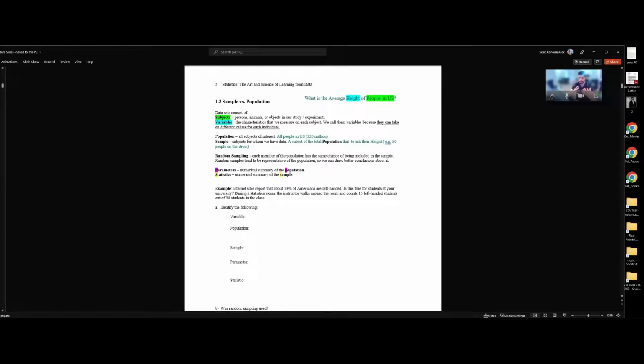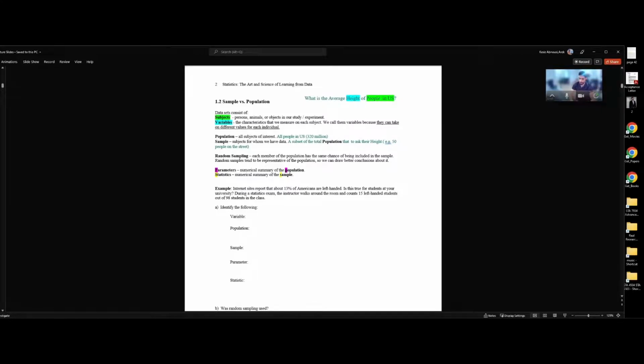We would have to ask every person in the US, or do it with a census. So we have to use the sample to estimate this, right? So for example, we are randomly asking 50 people on the street their height.